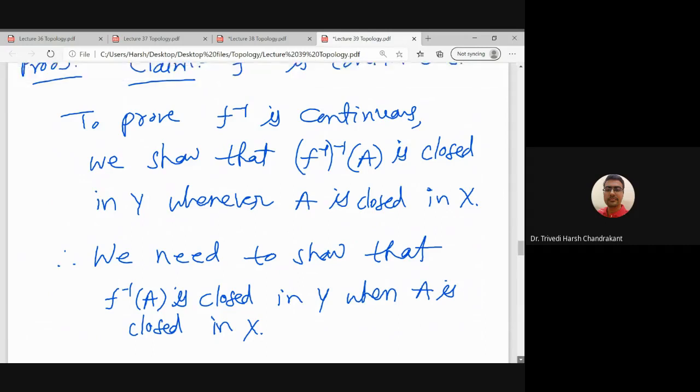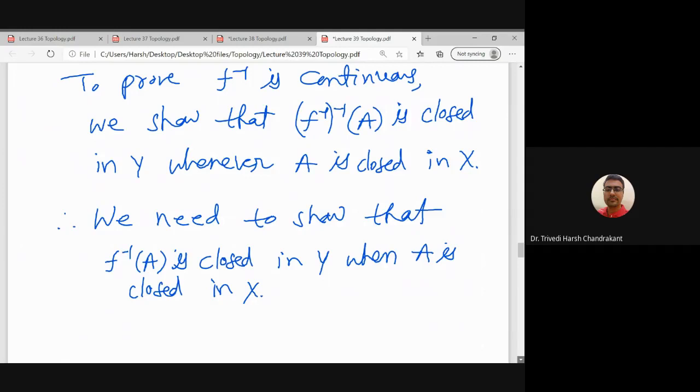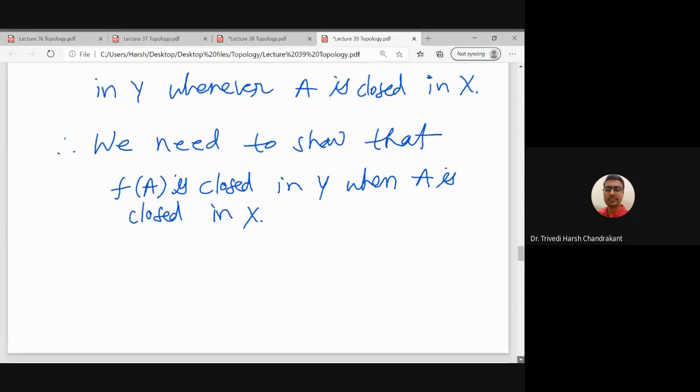So this is what we are looking for. We want to prove this, and now we will use several results which we proved regarding compactness: a closed subset of a compact space is compact, and a compact subset of a Hausdorff space is closed. All these things we will use here.